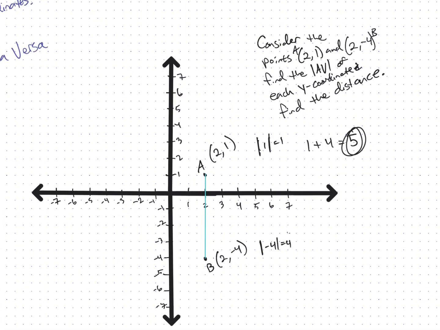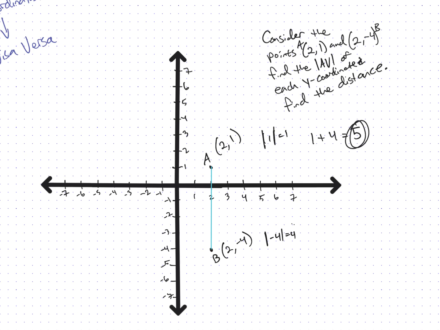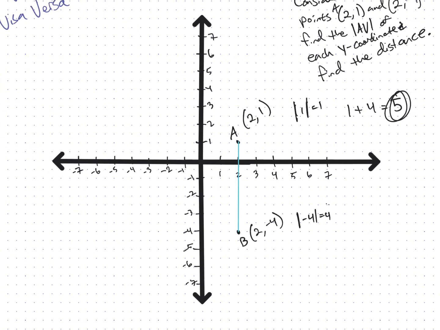So an example here to consider points, point A, which is 2, 1, and point B, 2, -4. So find the absolute value of each Y coordinate to find the distance. So I've plotted everything here, and I have everything labeled. I have 2, 1 up here, and I have B, 2, -4 here.